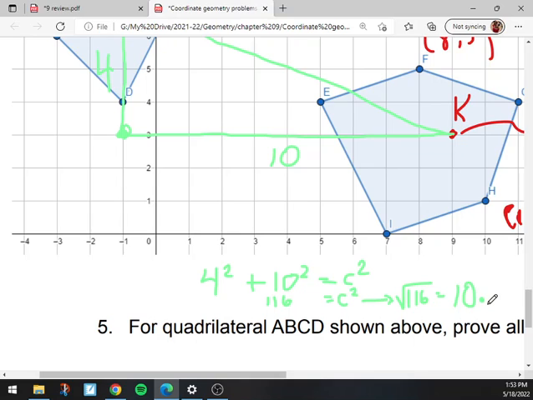Anyone? Oh wait, is it on my paper here? Nope, I don't have it on my paper here. I just have square root of 116 with a little arrow pointing down. 77? 77. So if you're going to round it to the first decimal place, the number after that decimal place tells us to round it up. So you write 10.8.